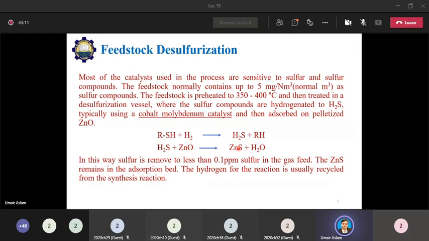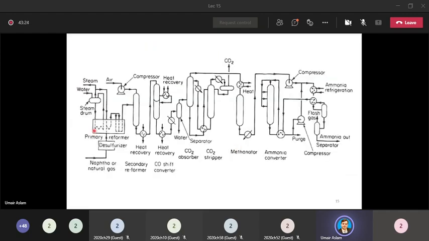So this is how, in two steps, hydrogenation and adsorption, the desulfurization of the feedstock or hydrocarbon takes place. So in this block, we basically desulfurize the natural gas or the hydrocarbon, the process I just explained.